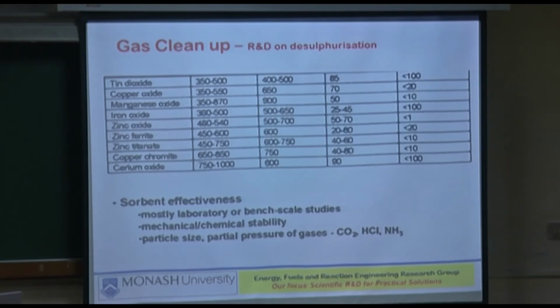If it attrites, if it breaks down into smaller particles, then obviously its effectiveness to capture will be changed. Its particle size, the partial pressure of the gases, and the other gases that are passing through, carbon dioxide, HCl, and ammonia, are also important because they can interfere with these metal solvents through reaction.